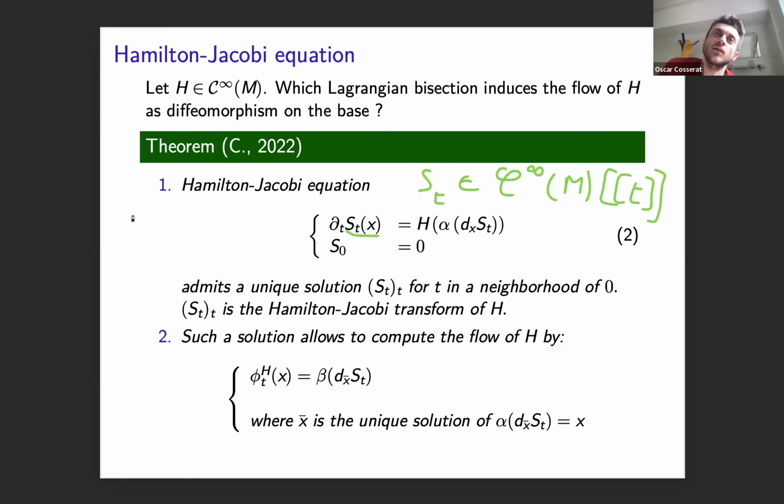So we will look for some S_t like this. It's a Taylor series: the sum of t to the power i over factorial i times S_i, where S_i is a smooth function on M. This Taylor series has coefficients that are smooth functions on M. S_0 equals 0, it means that the zeroth term will be 0.